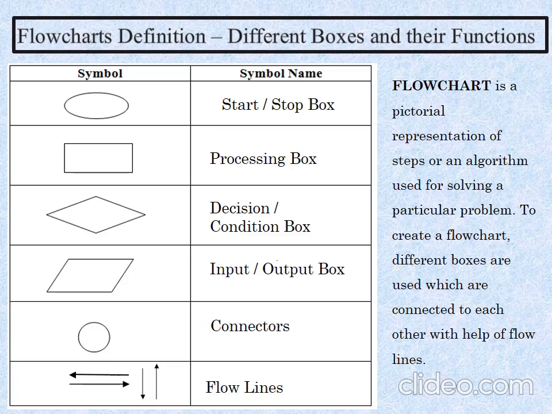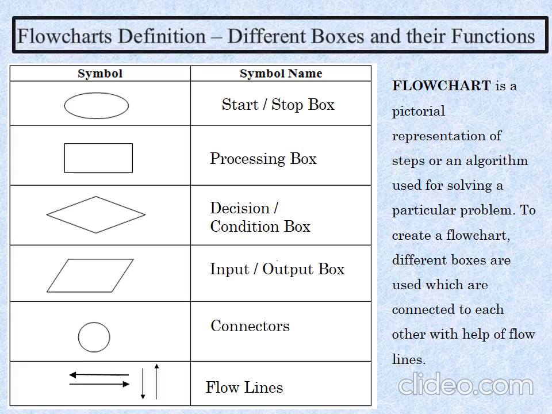For getting the input or revealing the output, we have a parallelogram symbol. This is a slanting rectangular symbol also, you can call it. Okay. And next one, the circle is called connectors. These are used to connect one part of the flowchart to another.